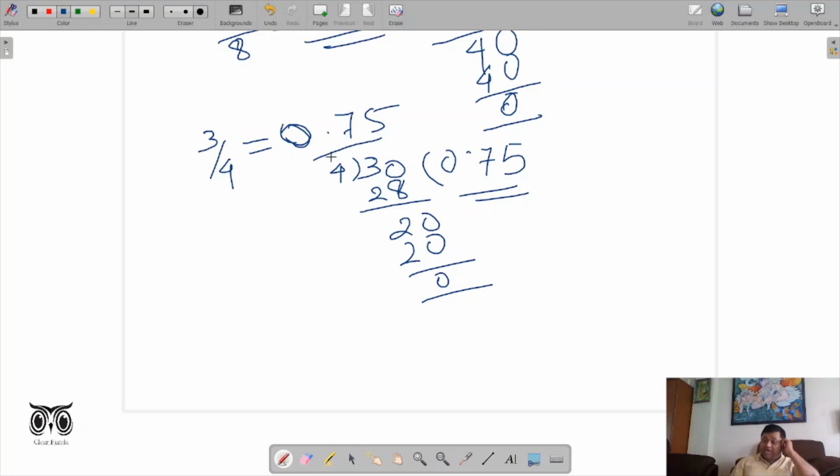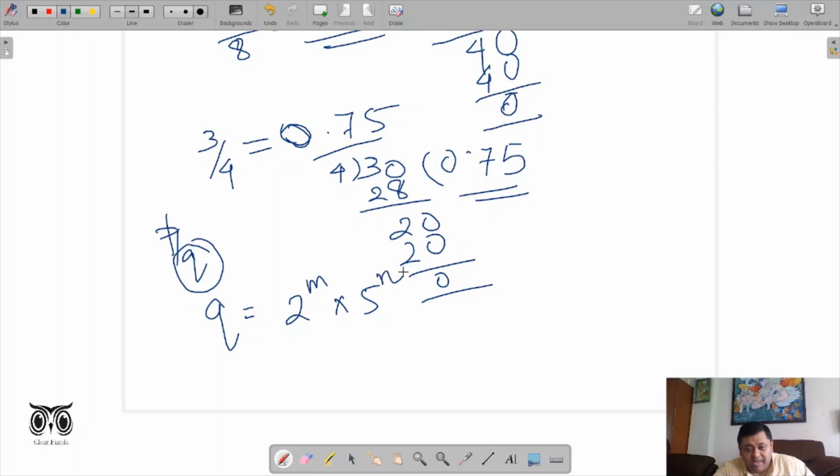Okay. So if you actually observe that if you are having a rational number in the form of p by q, if this particular thing q is a multiple of 2 or a multiple of 5, I mean not exactly multiple, we basically say that it is something of the form of 2 to the power m into 5 to the power n.